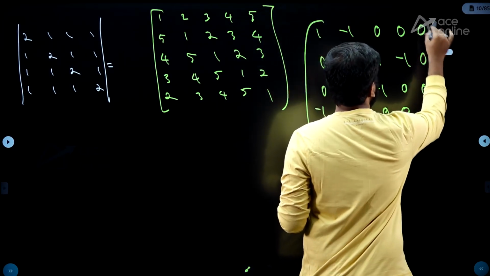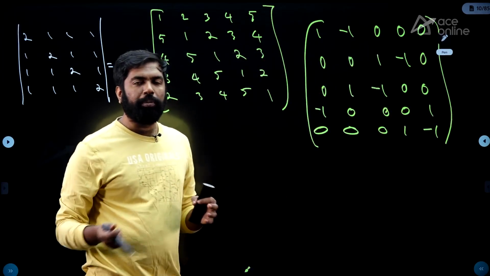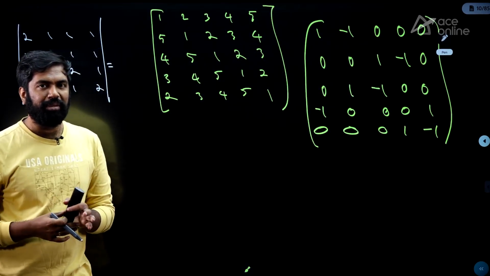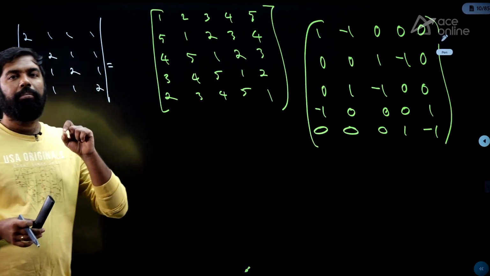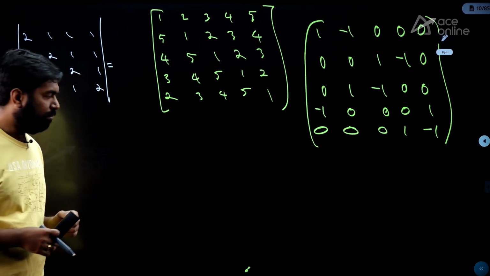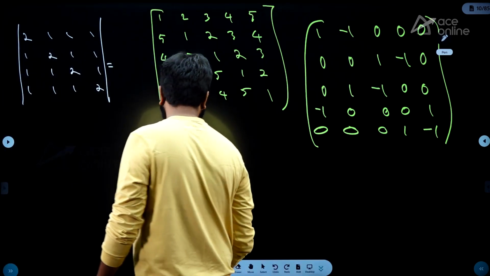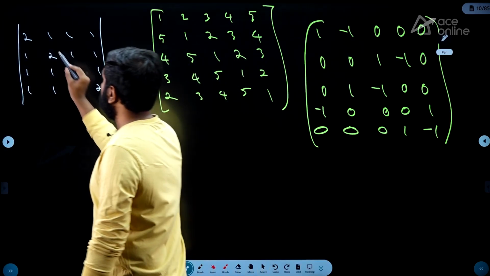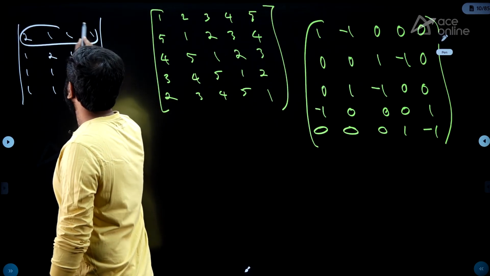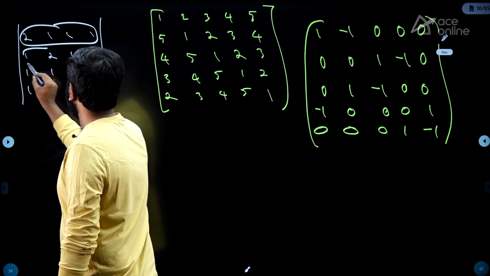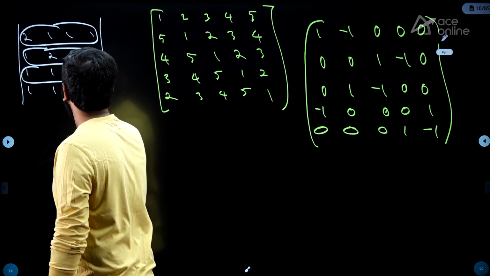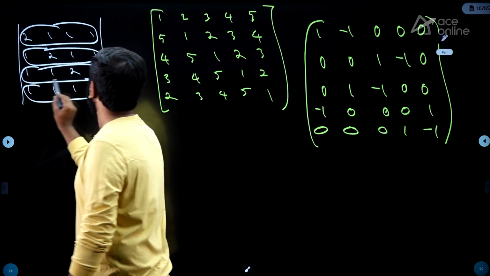All three are 2-mark problems which were asked in your GATE examination, and they have a pattern. Can you decode them? Let me decode this pattern. If I add all these elements in a row, I get 5. Each row gives 5.